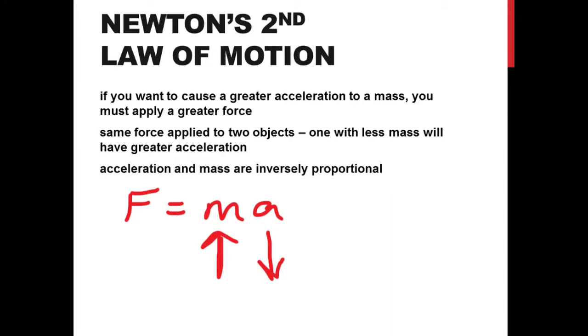Now that also can go the other way as well. If I bring down the mass of the object, it will be able to accelerate even faster. This is true for race cars. A lot of times race cars, they try to make them very light because they want the race cars to accelerate faster. So the lighter the object, the faster the acceleration.